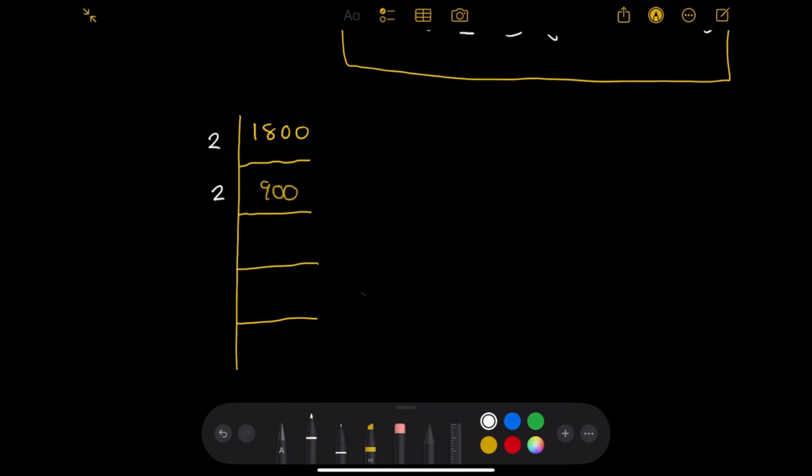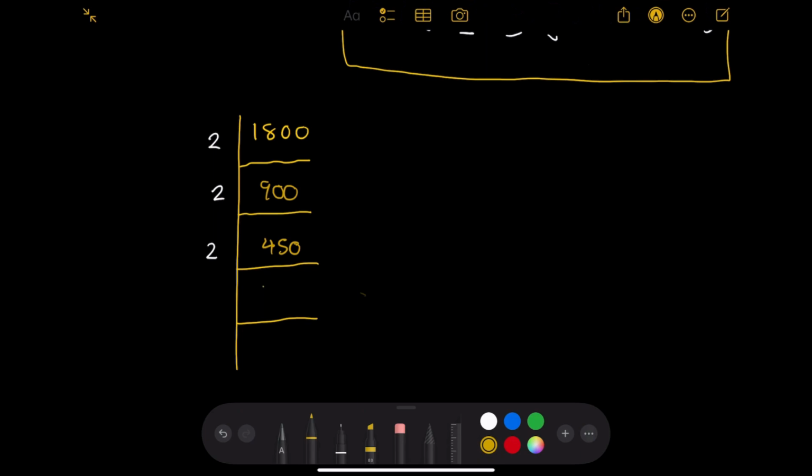Then 900 divided by 2 is 450. Then I have to ask myself again, does 450 divided by 2 give me a number without a remainder? The answer is yes. Then what is 450 divided by 2?